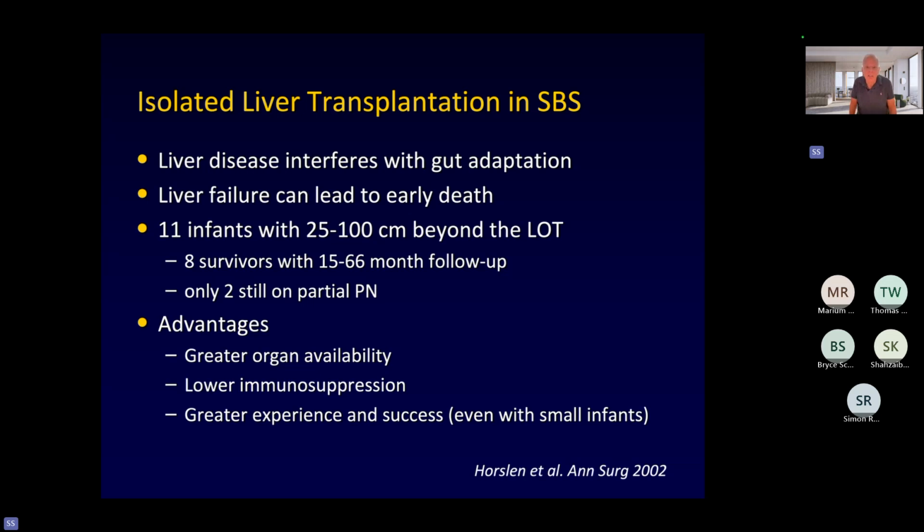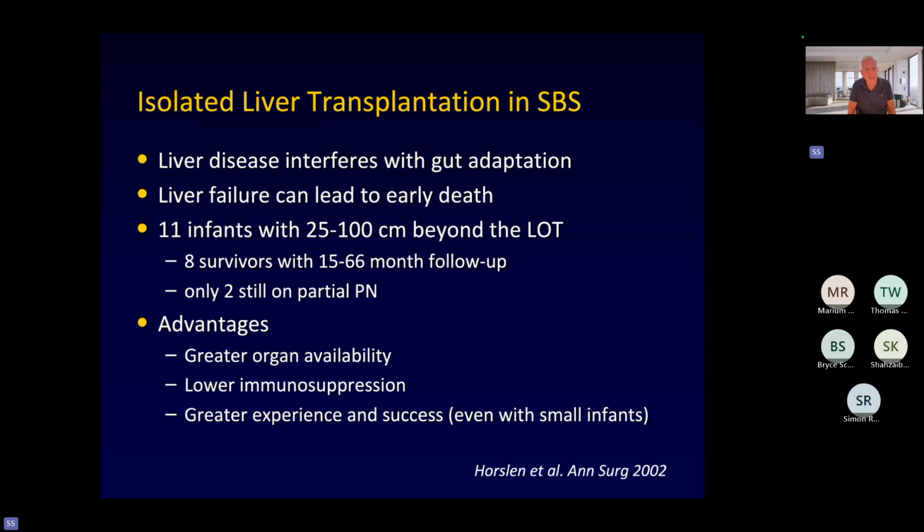What about isolated liver transplantation in small bowel? The liver disease obviously interferes with gut adaptation. Liver failure can lead to early death. And if we look at 11 infants with 25 to 100 centimeters beyond the ligament of Treitz, 8 survived up to 66-month follow-up. Only 2 were still on partial parenteral nutrition.